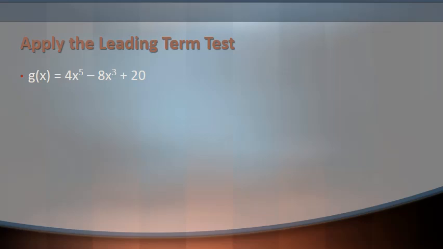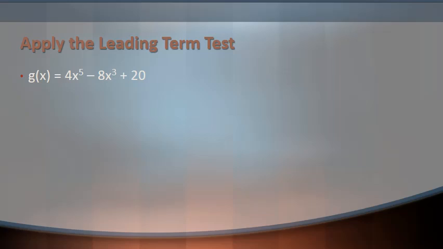But in this particular function that we're looking at, 4x raised to the fifth power minus 8x cubed plus 20, our leading term is raised to an odd exponent. And so on odd exponents, we are looking at either left arm down, right arm up, or vice versa, left arm up, right arm down, and we can determine that part from the coefficient of the lead term as well.